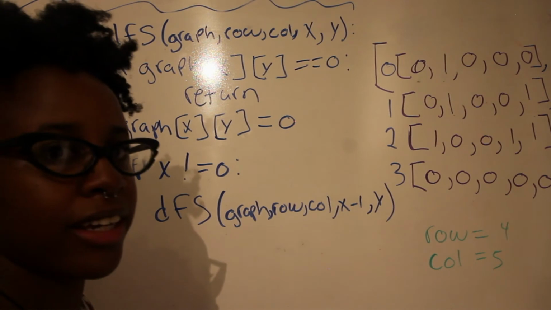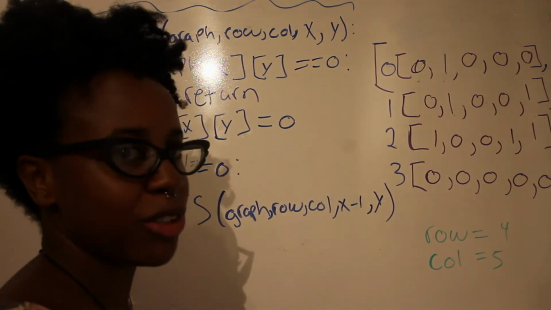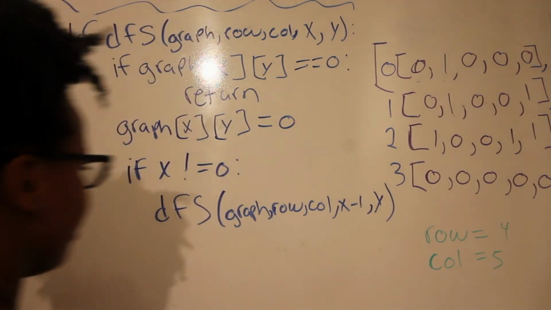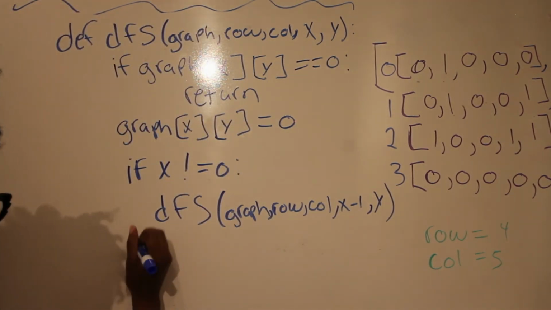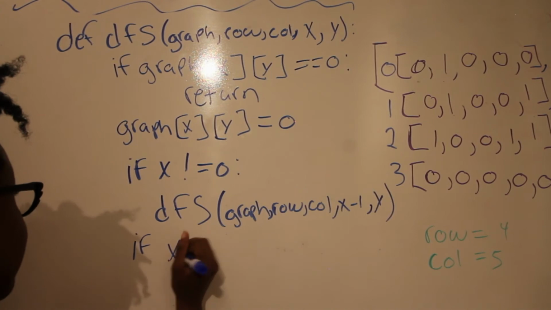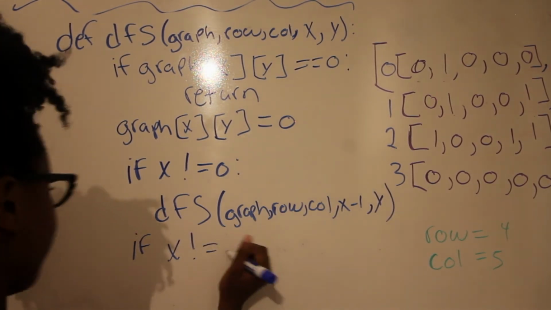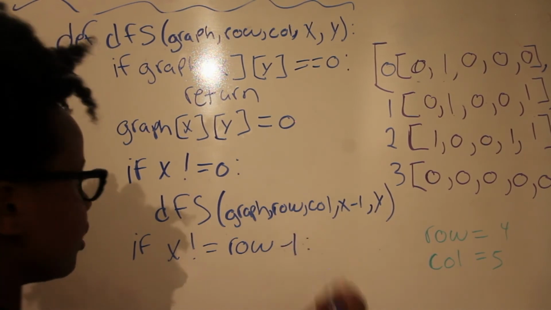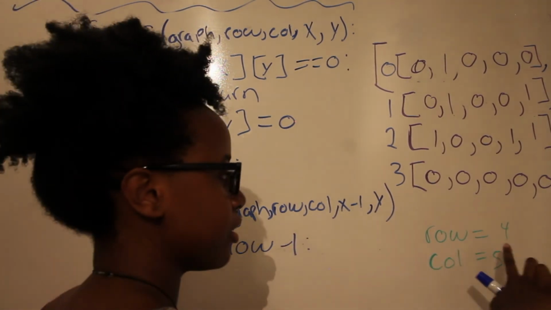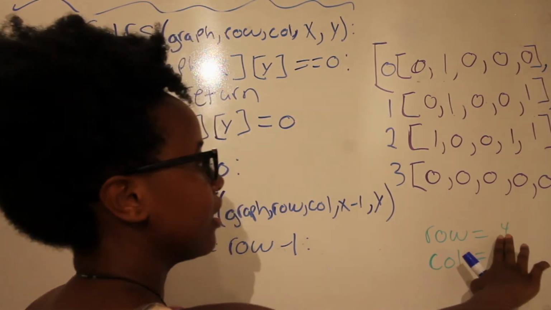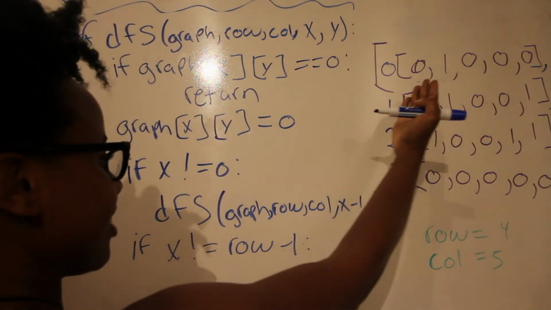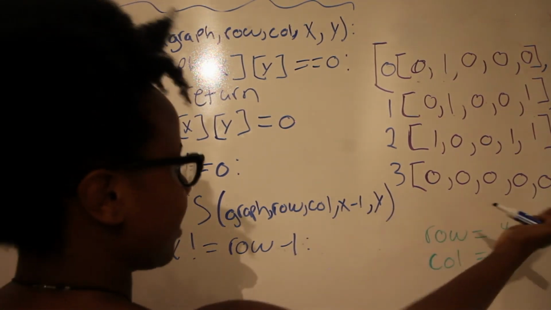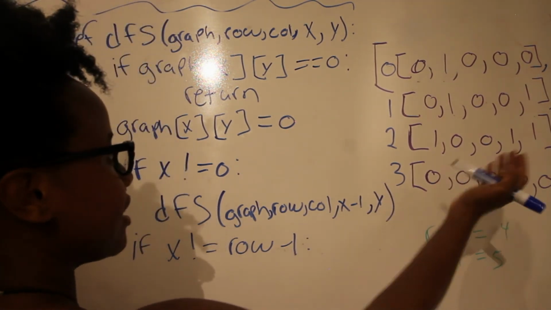We'll also be checking if x isn't the last row, because if we're the last row, we can't look below us either. So we're going to say if x does not equal row minus 1. So you remember the length of row is 4, and right now x is 0. So 4 minus 1 would be 3, and right now x is 0.